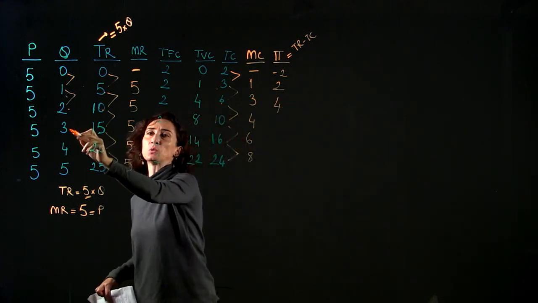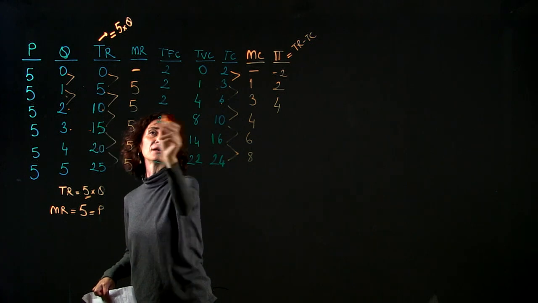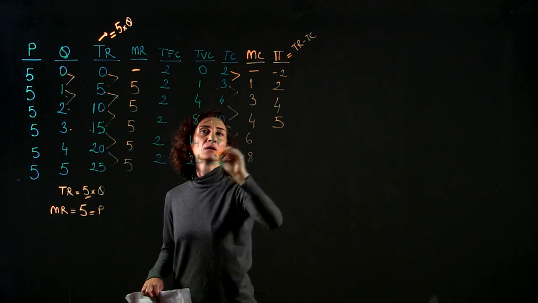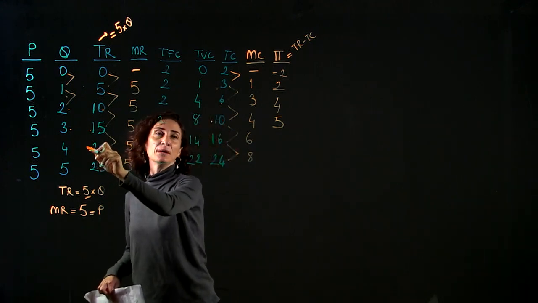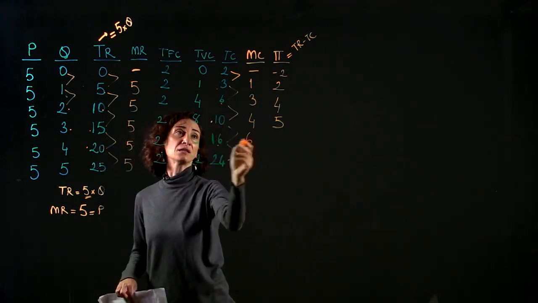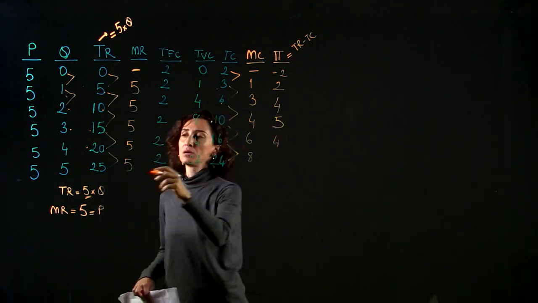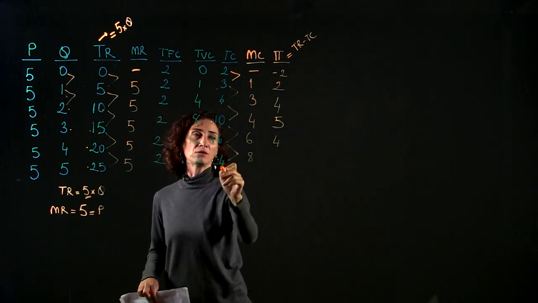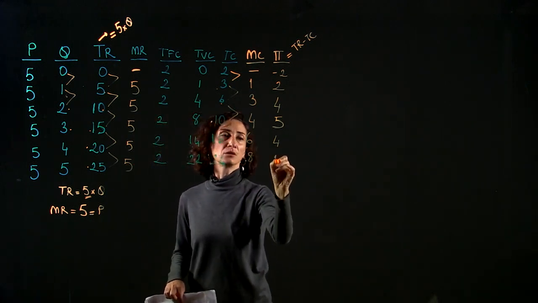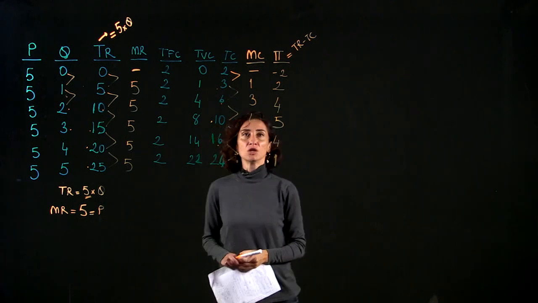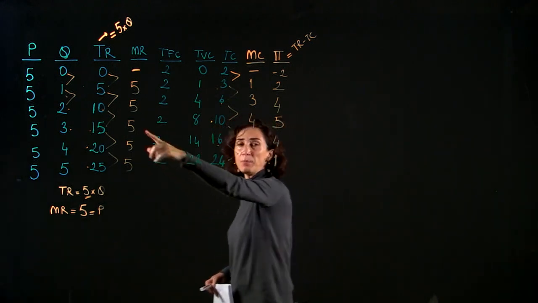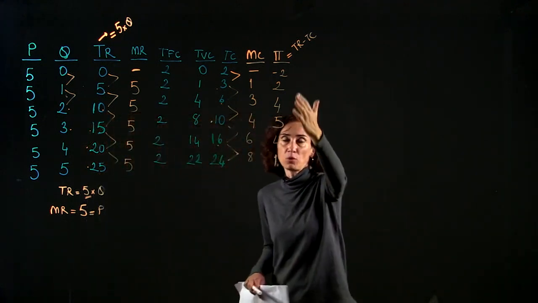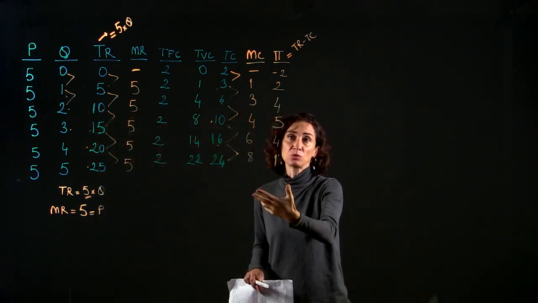If I produce this one, 15 minus 10 is 5. 20 minus 16 is 4. 25, right, minus 24 is 1. Okay. So for each amount of output quantity, I can find profit because I know total revenue and total cost.